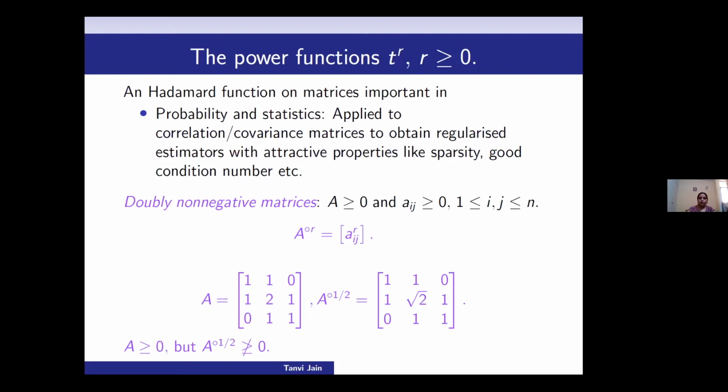So we have the term doubly non-negative matrix, that is a matrix which is positive semi-definite as well as having non-negative entries. Now we see that this is not as good as the non-negative integer power. Even with the square root, so the power 1/2, it doesn't preserve positivity even for a 3 cross 3 matrix.